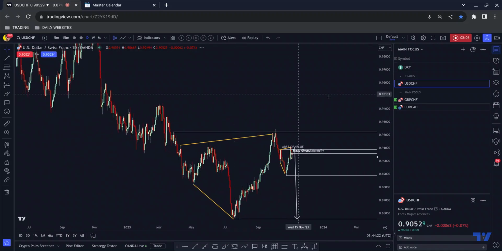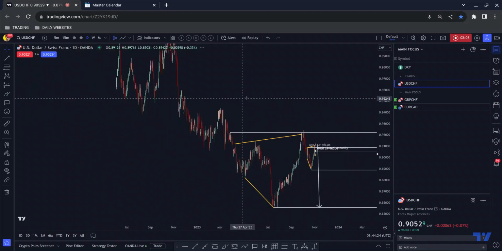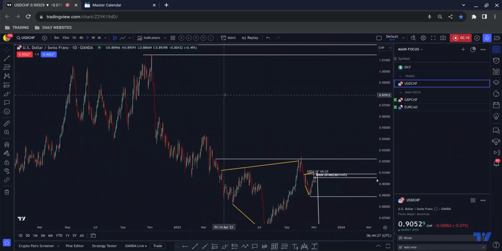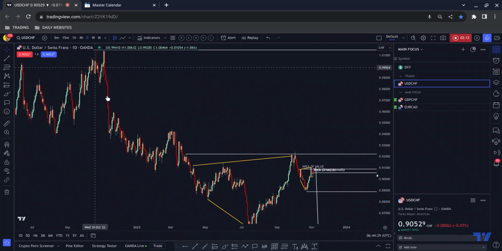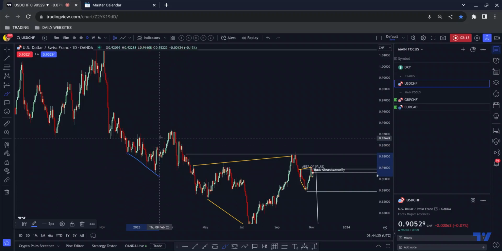So we can separate the structures here. On the way down, once this run of momentum to the downside started, you can see that we have these structures where we have that 1, 2, 3. We have a middle section within that, giving me a clue that this is a completed structure.